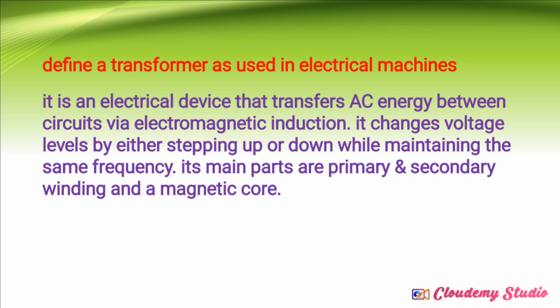So from my own definition, it is an electrical device that transfers AC energy between circuits by electromagnetic induction. It changes voltage levels by either stepping up or down while maintaining the same frequency. Its main parts are primary and secondary winding and a magnetic core. So if you look at that, I've defined what a transformer is.